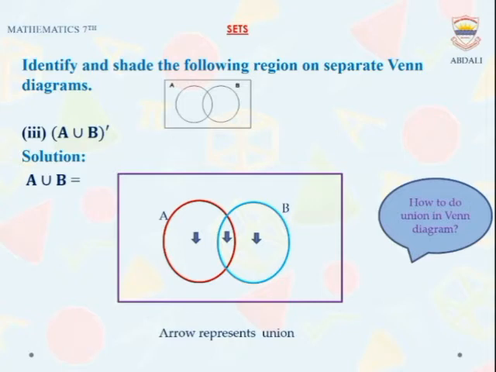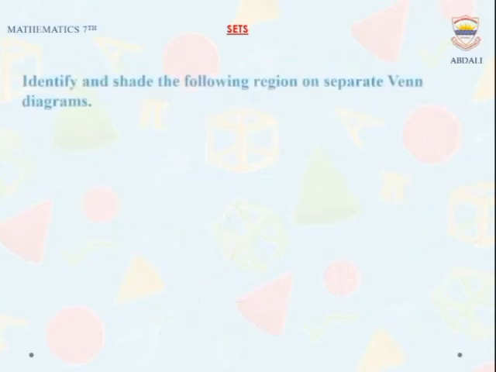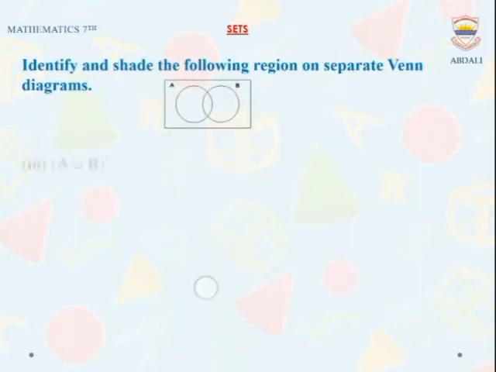So now we will solve the next part of our question, which is to take the complement of this. Our question was (A union B) complement; we have solved A union B, and then we have to take the complement. So now we are moving to the other part. Same question. Now let's start the solution.